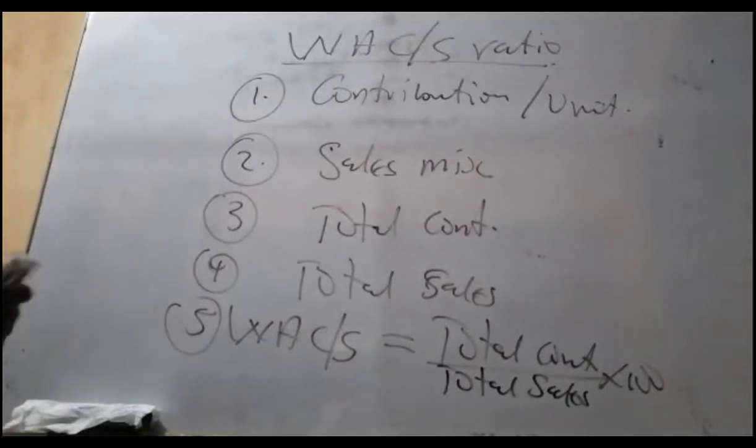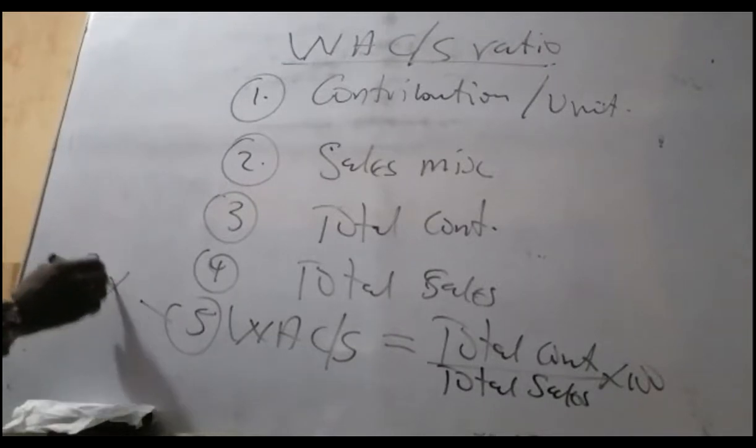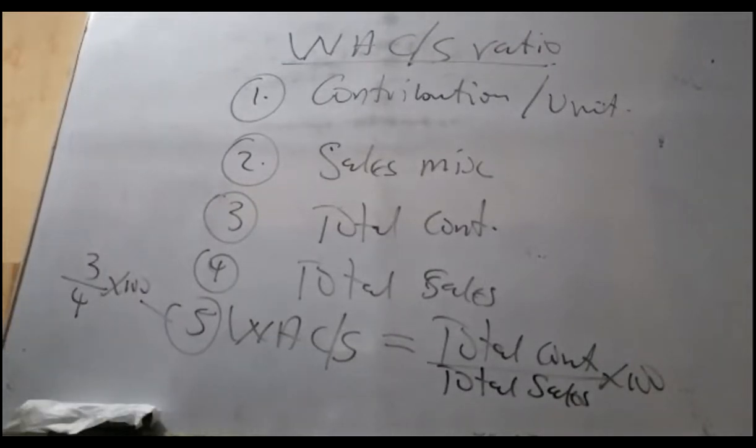So in short, it's the same as step 3 divided by step 4 times 100. That is it. So in short, that is how we can get those ones correct.